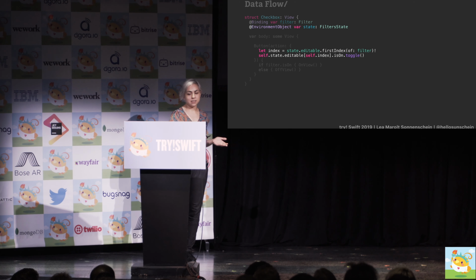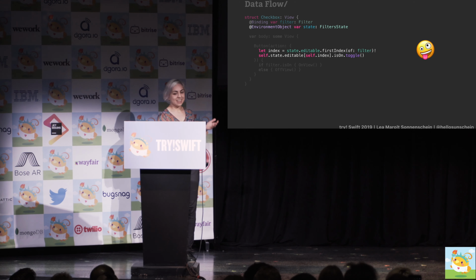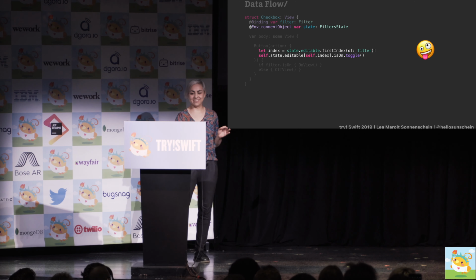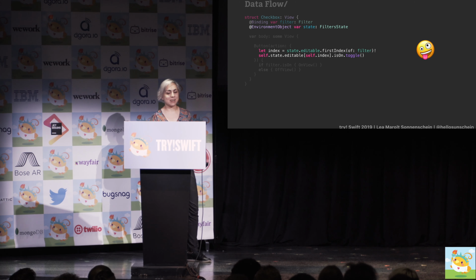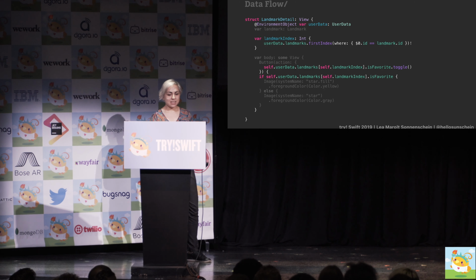And then use that index to toggle the isOn property of the array element at that index in the editable array. What the heck? This seems wrong on so many levels. The checkbox, the humble checkbox, knows way too much about the state. But it is what Apple does in their Landmarks app. And I was starting to get really conflicted at this point.